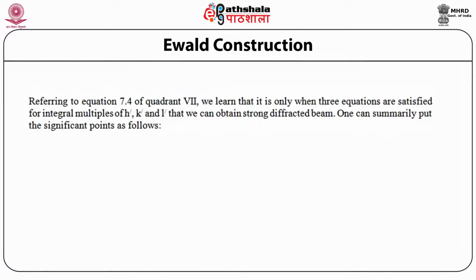Referring to equation 7.4 of module 7, we learn that it is only when three equations are satisfied for integral multiples of h', k' and l' that we can obtain a strong diffracted beam. One can summarily put the significant points as follows.